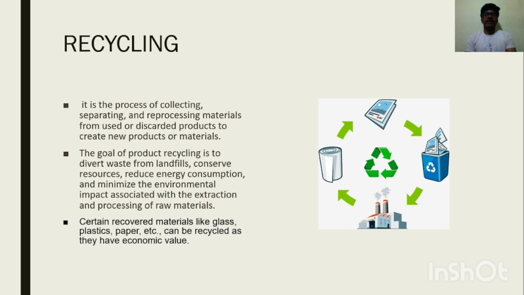Certain recovered materials like glass, plastic, paper, etc., can be recycled as they have less economic value. For example, in our home we have a huge amount of newspapers, books, and other papers from our schools and colleges. We can recycle those papers and convert them into useful products like tissue papers or recycled books, which may help us in the upcoming days.